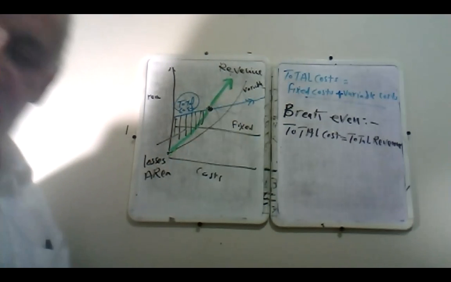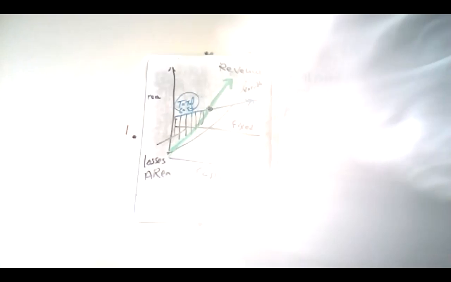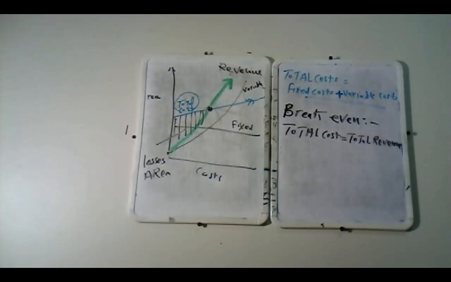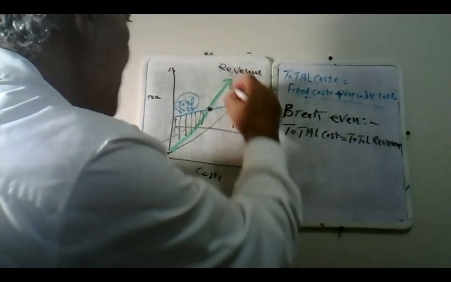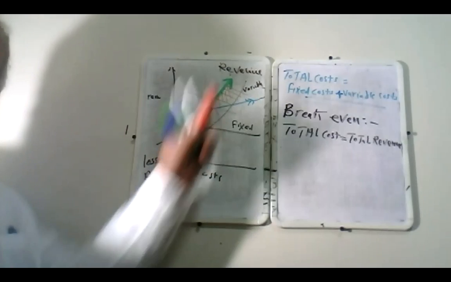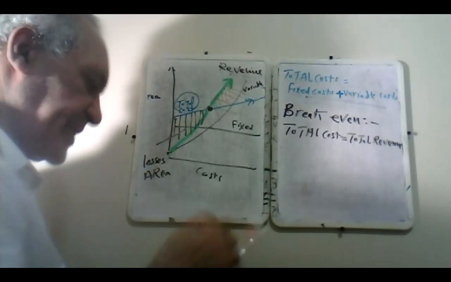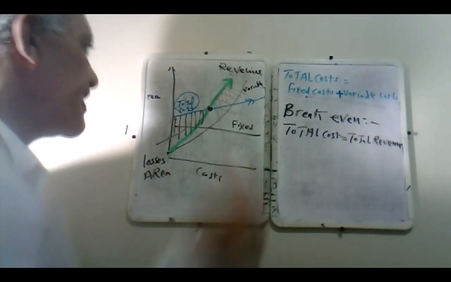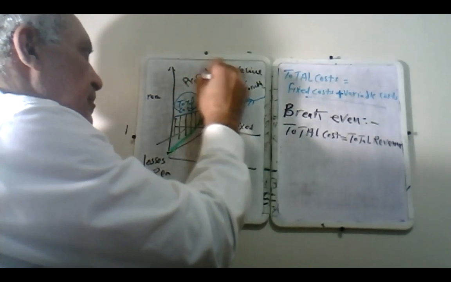Meanwhile, in the other area, which is at the top here, you can see it properly, this area here, those are areas of profits, the profit area.